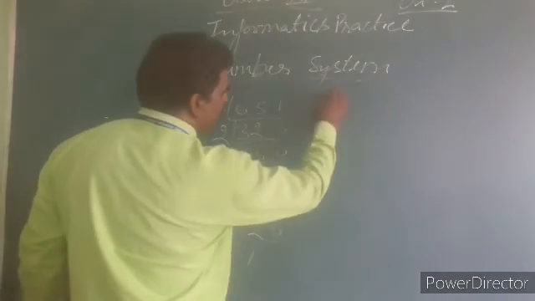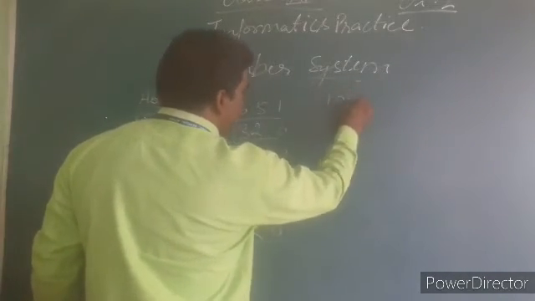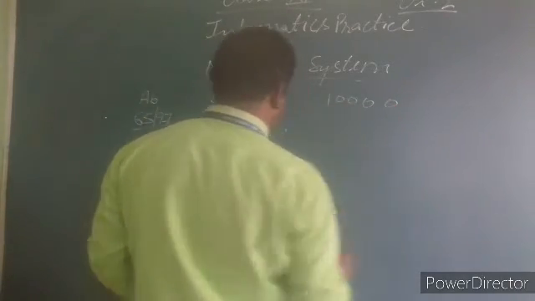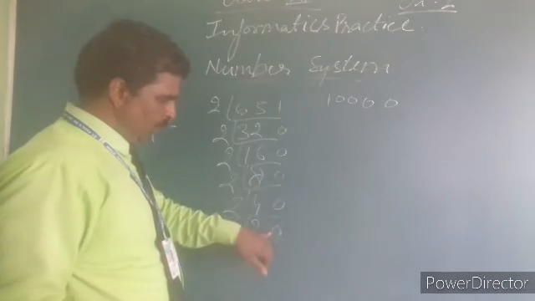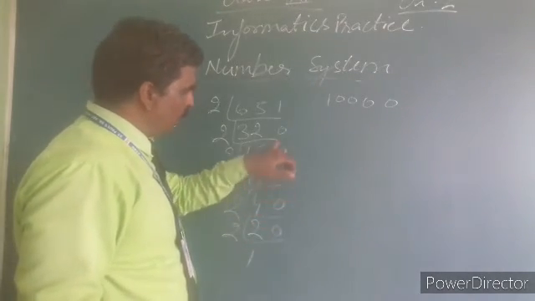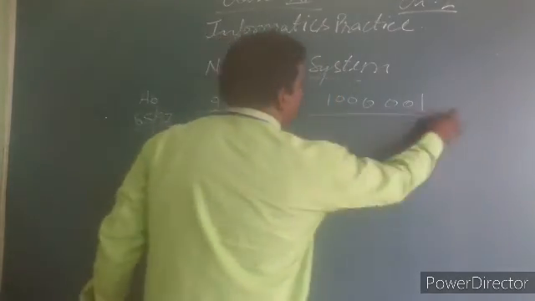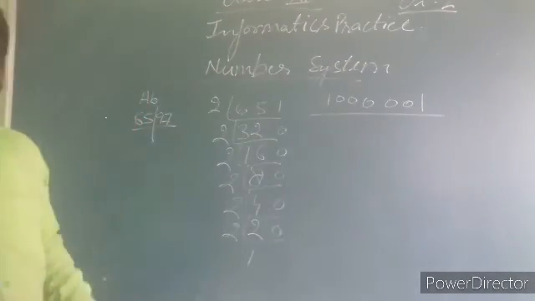So 1 0 0 0 0 0. Check it: 1, 1 2 3 4 and 5. So 5 times 0 after that 1. It will be written for A.